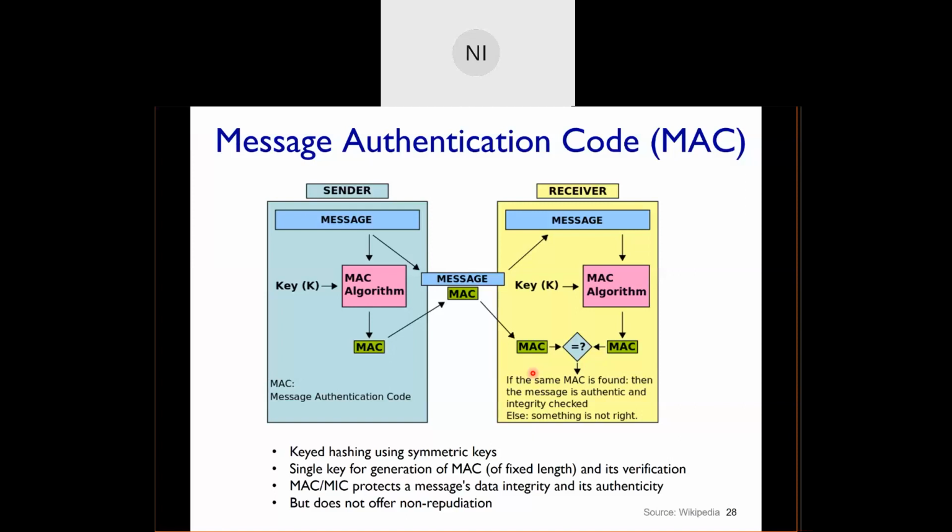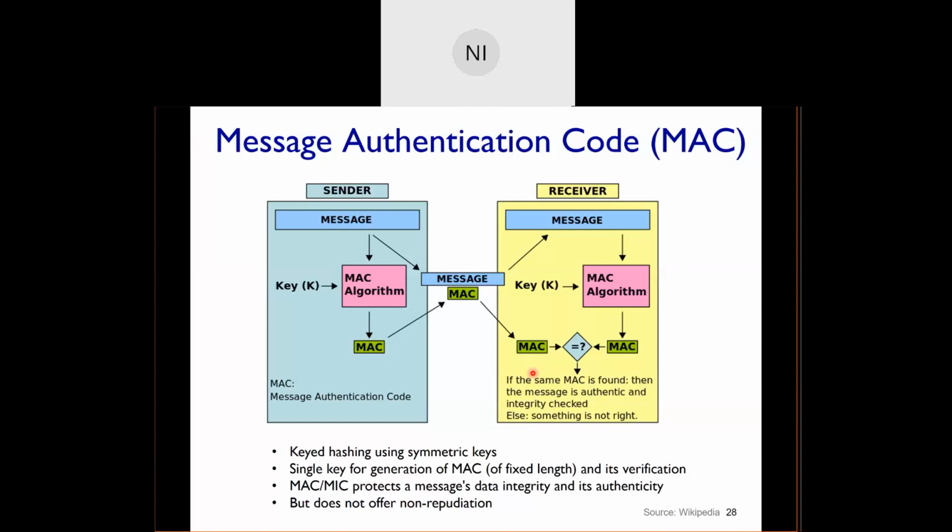So because the key is shared. Exactly. So either Alice can start cheating Bob, or even Bob can start cheating Alice, by saying that it was indeed sent by so and so, even though so and so has not sent that message. Yes, you are right, because the key is shared between Alice and Bob.